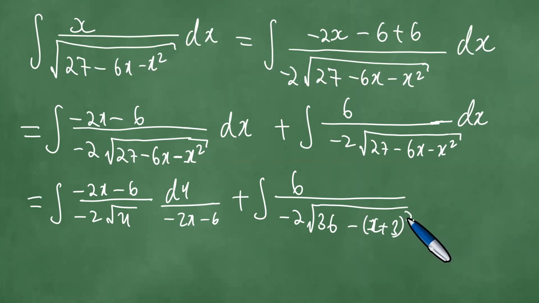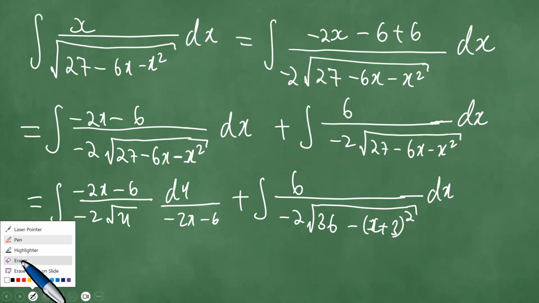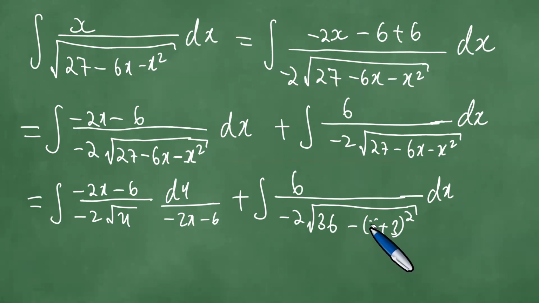And then you square this, dx. And so this is what we have. Now, what is all this here? This cancels out.